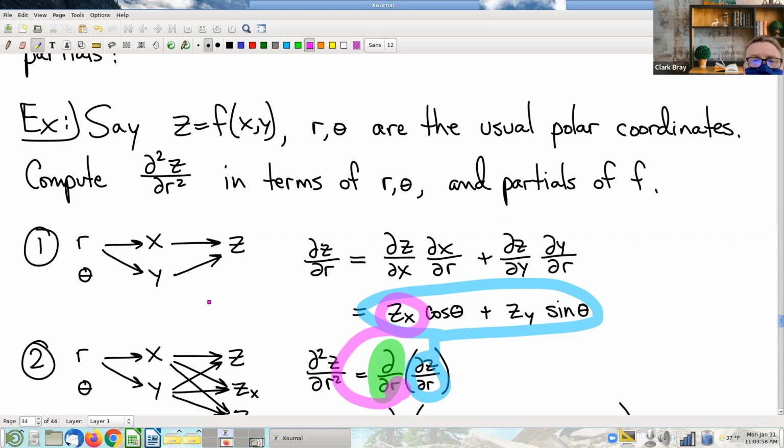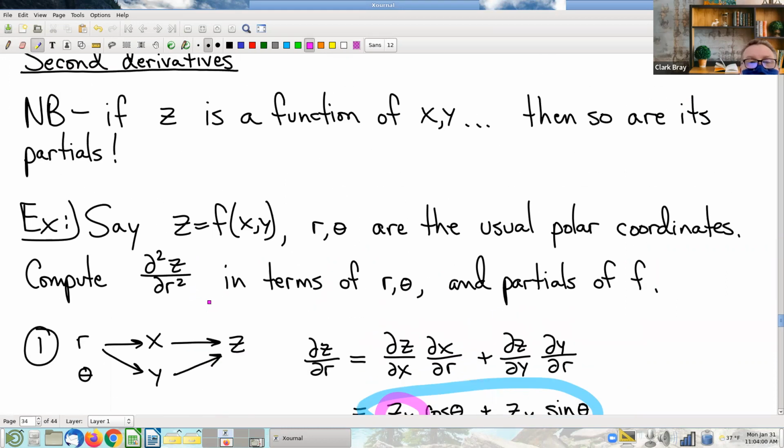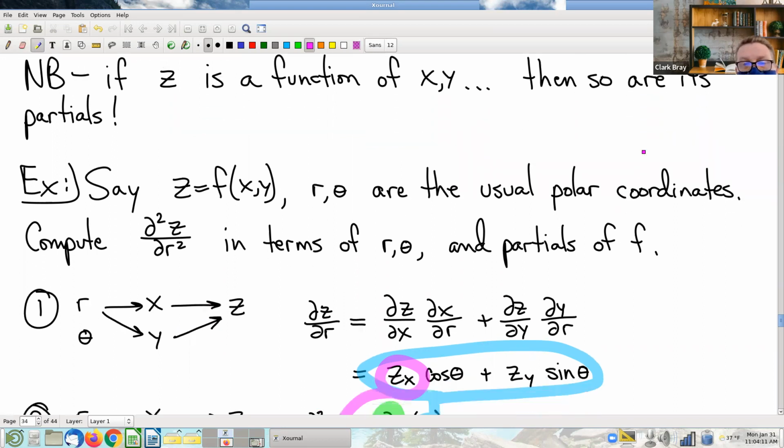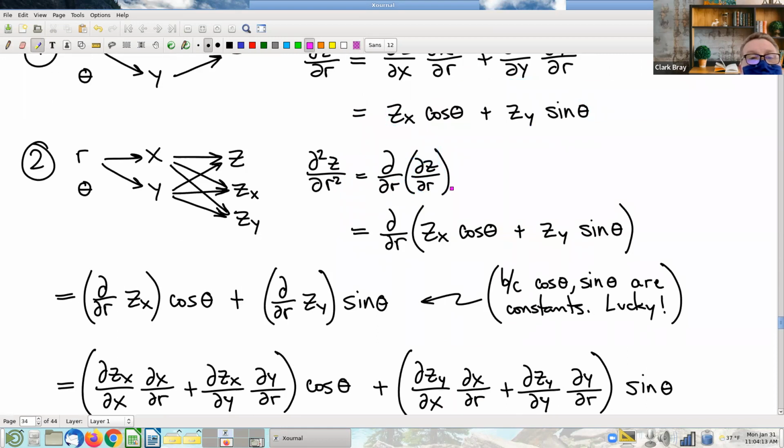So the big thing to remember is that your Z being a function of X and Y, well, then its partials are also functions of X and Y. And so label them thusly on your diagram. So we're going to expand the diagram to represent that.